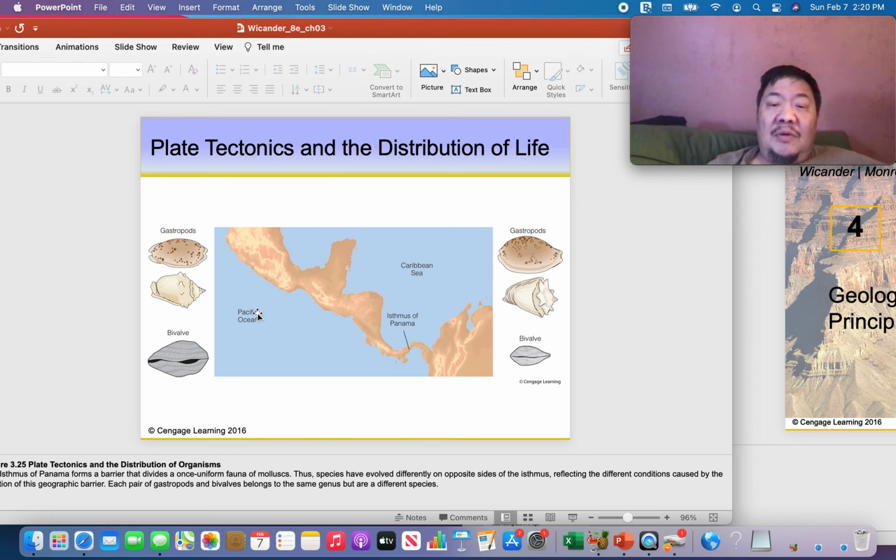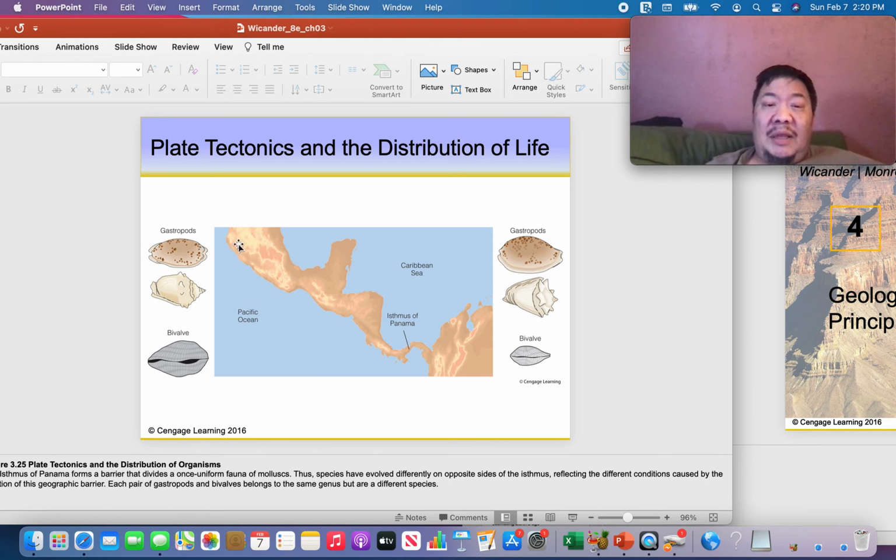They originally belonged to the same gene pool, and they could mate on both sides. But then you separate the gene pools by putting a landmass between them, and then they're forced to evolve differently because the conditions on both sides are different. And eventually, over time, these organisms become so different they can no longer mate with one another, and they form new species.